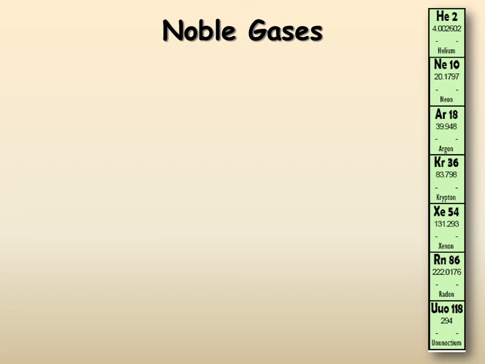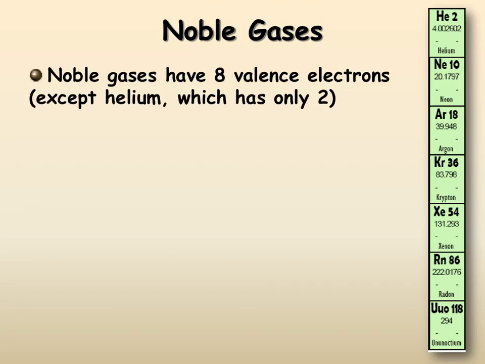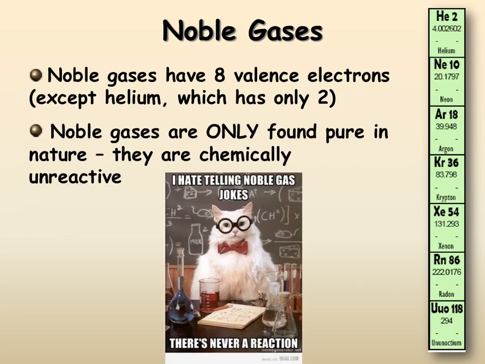Alright, the last column, group 8A or 18 of the periodic table, is known as the noble gases. Noble gases have 8 valence electrons, with the exception of helium, which only has 2. But essentially that means they have full electron outer shells. So they have all of the electrons that they want. Noble gases are found pure in nature because they are chemically unreactive.